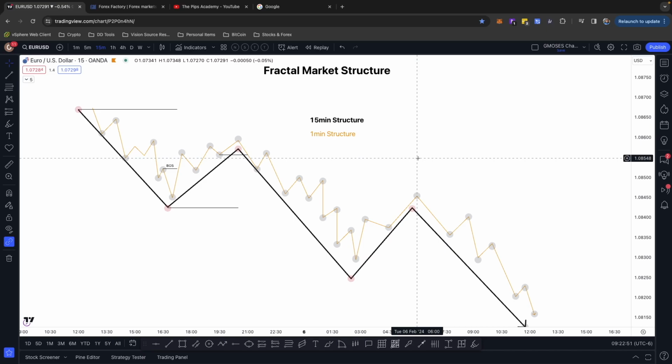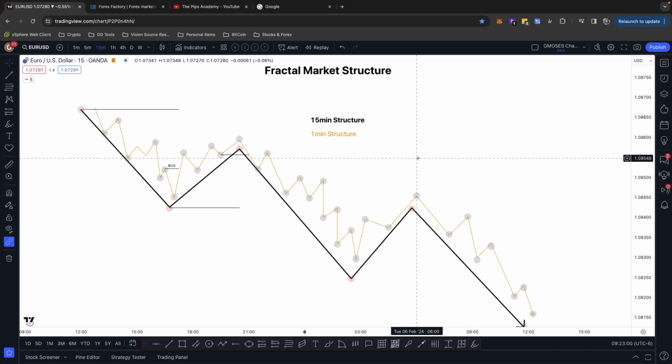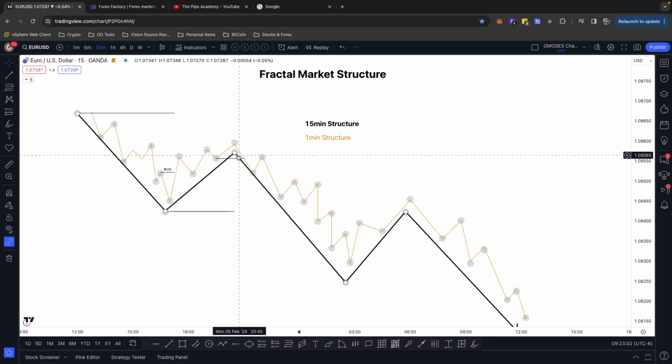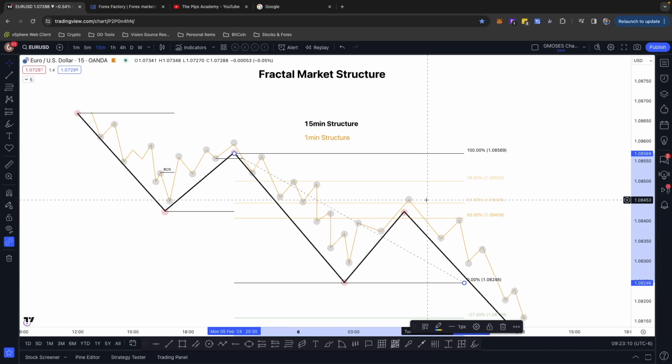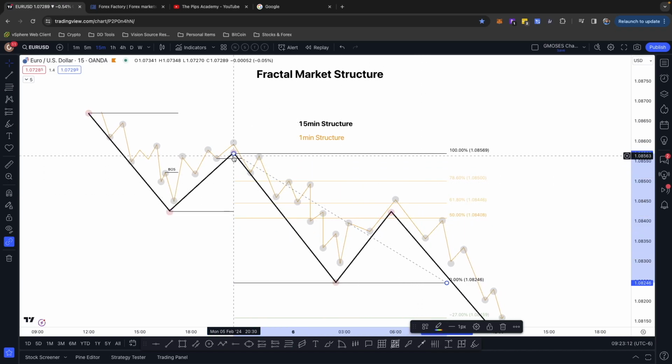This is how we can catch sniper entries when price pulls back to premium and discounted pricing. Let's say we're trying to play the swing pullbacks on this, utilizing this high and this particular low. A lot of times we don't know when price is going to turn around.